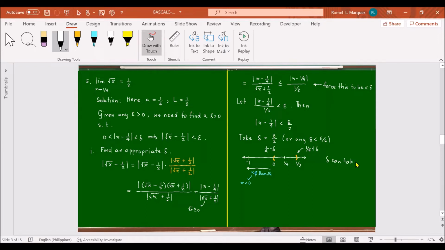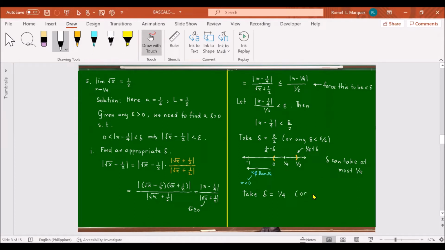So that means the maximum delta that we can take is 1/4. So at most 1/4. As an additional restriction on delta, for convenience, I can take delta to be equal to 1/4. Or you can have it also 1/8, 1/6, 1/7, as long as it is less than 1/4, and of course greater than 0.